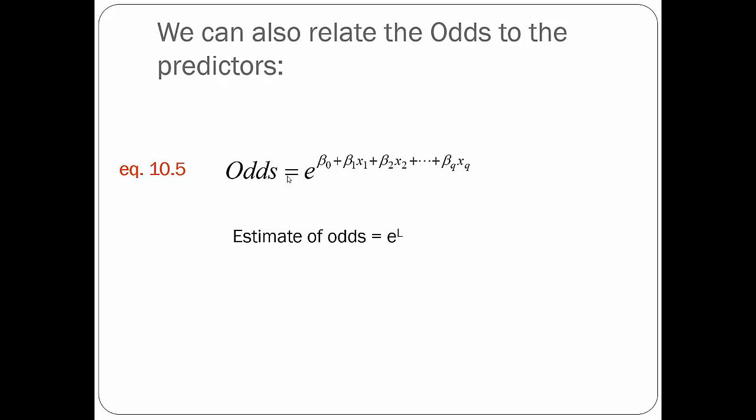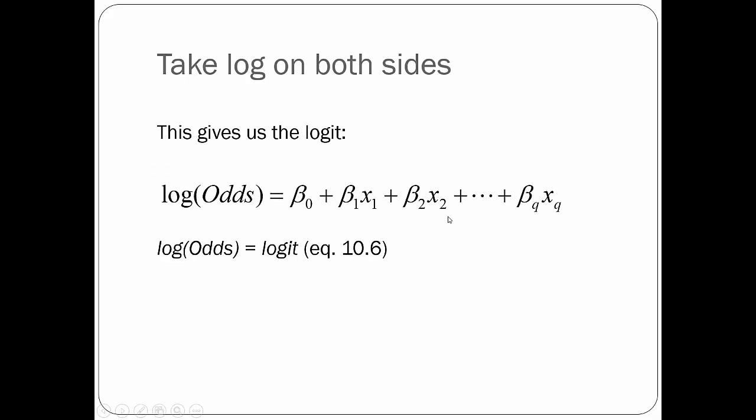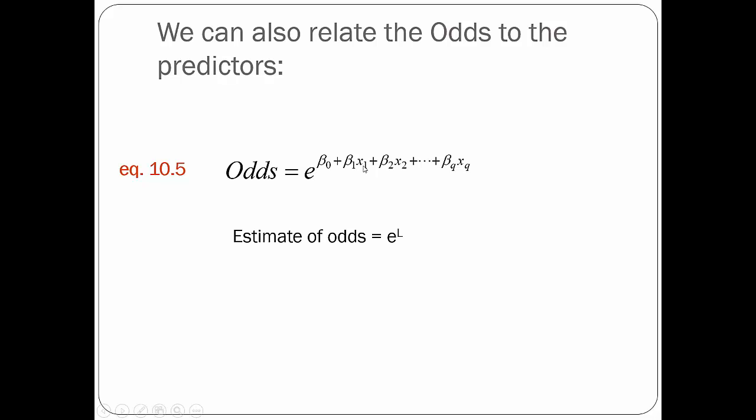So for us to be able to interpret the coefficient, we need to understand this relationship. If you go e to the power of L, you get an estimate of the odds for a particular set of values of x. So given a set of values of x, what are the odds of y being class equal to 1?